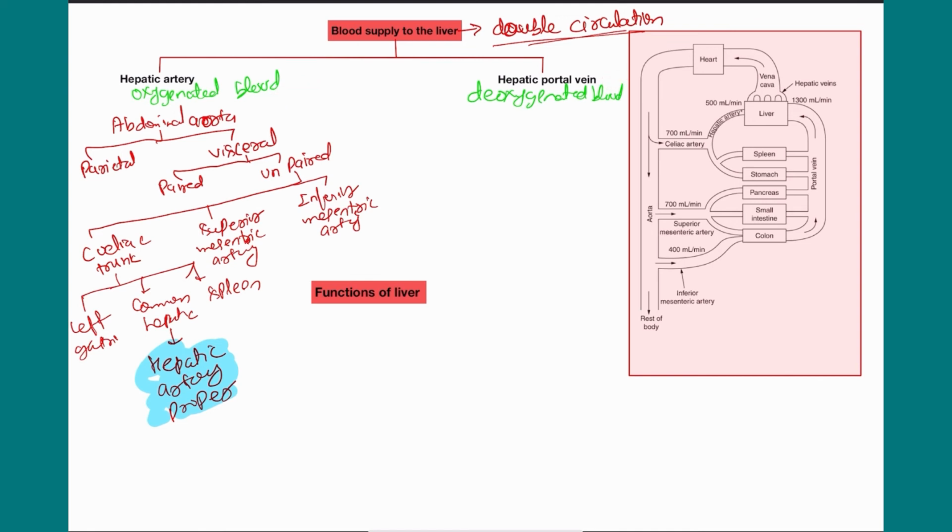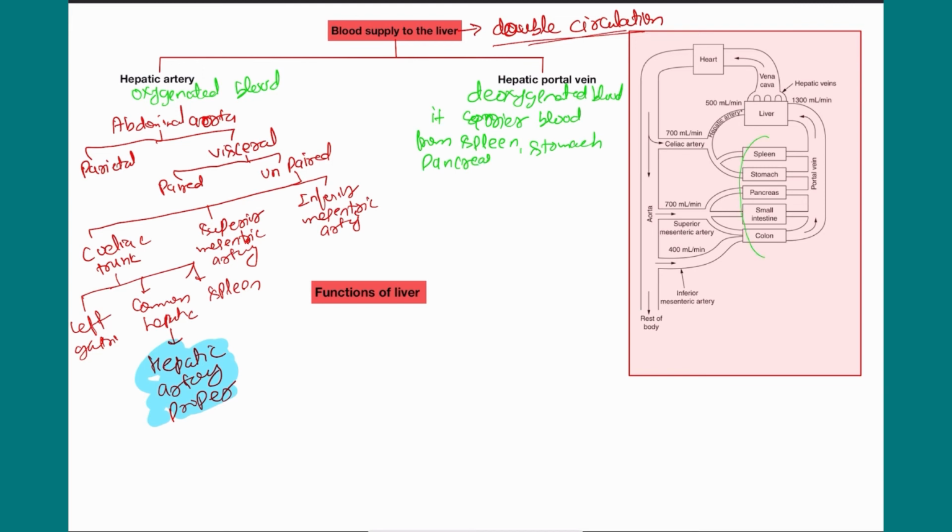The deoxygenated blood carries blood from different parts, like from the spleen, stomach, pancreas.